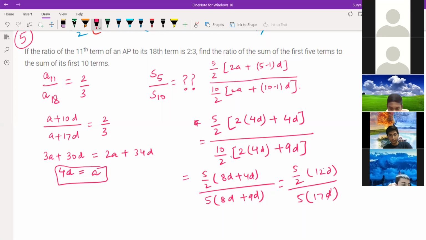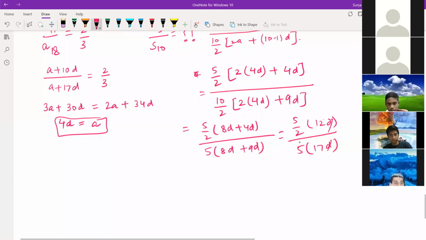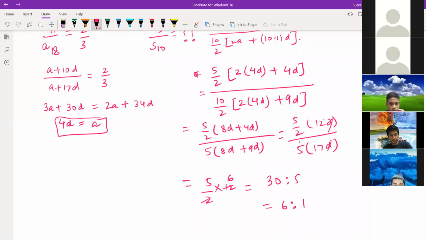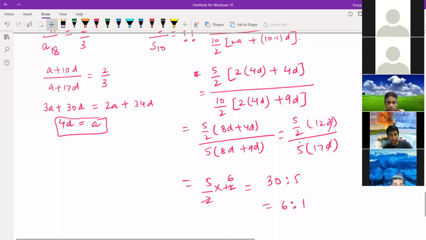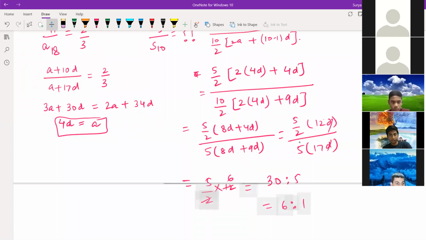So D will get cancelled. Now you can just try to solve this. How much will come? Just tell me all of you. See, 5/2 into 12 becomes 30, over 5 into 17... the answer is 30 to 5, or you can say 5 sixes are 30, so 6 is to 1, right? Yes, 6:1.